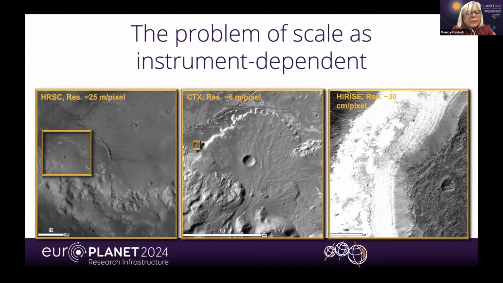Problem of scale. Here, with this resolution, we can recognize, of course, these images are taken from the same place, the presence of a fan-shaped feature. We can just realize a geomorphological map.